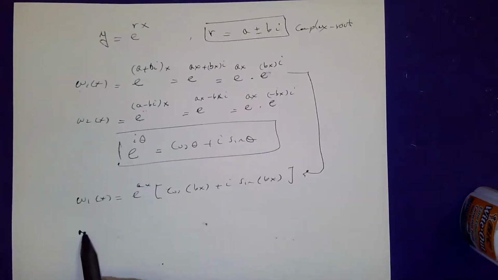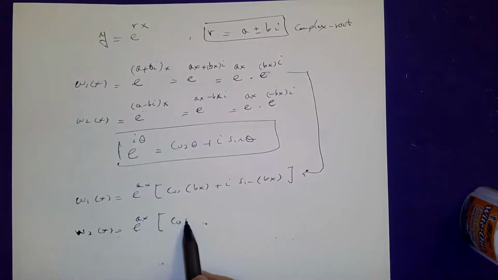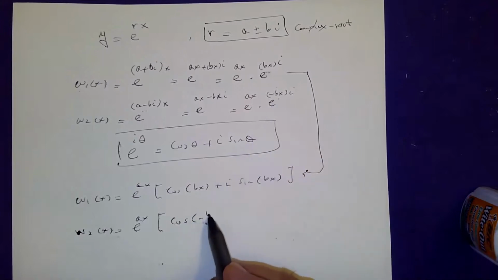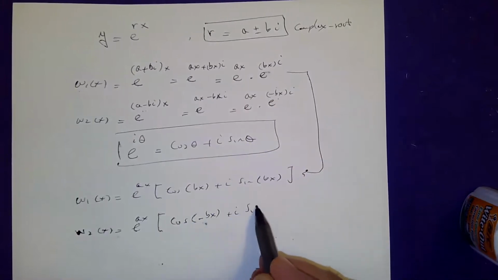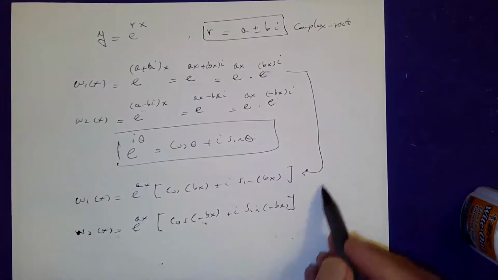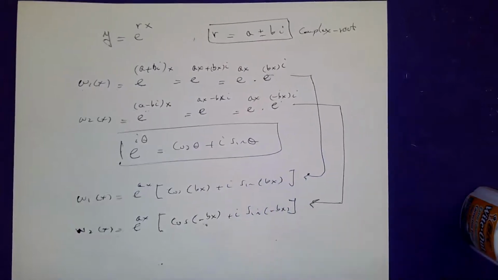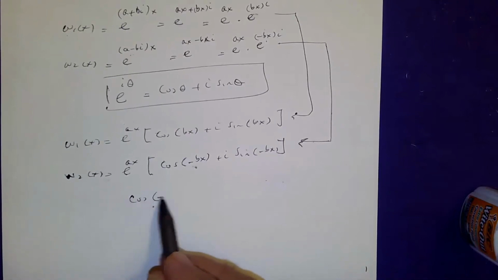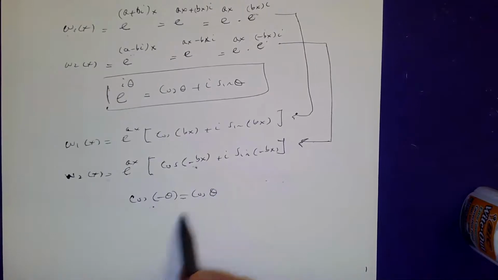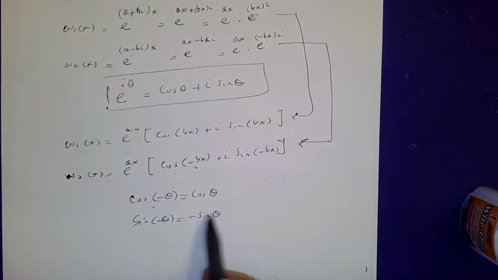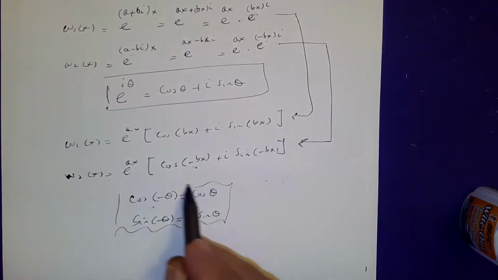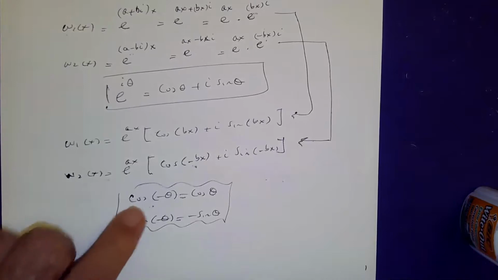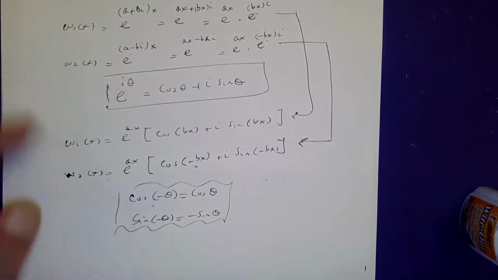The other guy, W2, is equal to e to the ax times cosine of negative bx plus i sine of negative bx. And that came from here. Do you see it? But wait a minute. Cosine of negative theta is the same as cosine of theta. Sine of negative theta is minus sine of theta. These are identities from trigonometry.